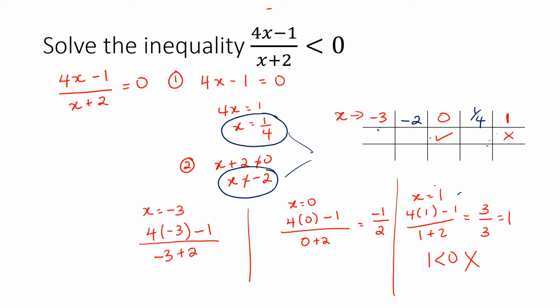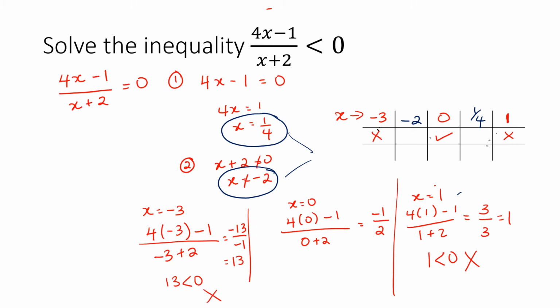That's negative 12 minus 1, which is negative 13, over negative 1. So that gives you positive 13. Is 13 less than 0? No, it isn't. So this does not satisfy.